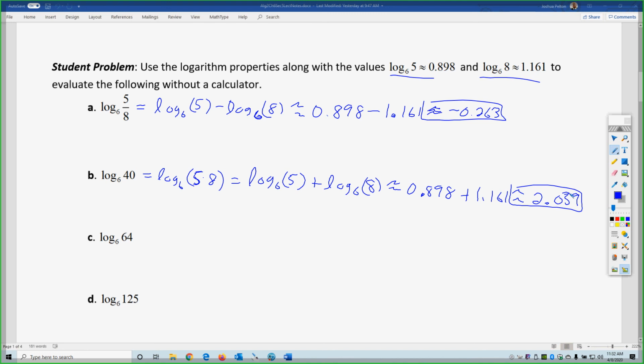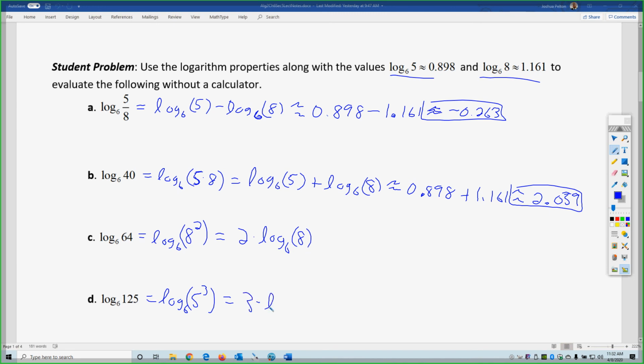Okay. Next one, 64 and 125. Neither of those are on our list, but this is log base 6 of 8 squared. This one is log base 6 of 5 cubed. So using the power rule of logs, this is 2 times the log base 6 of 8.